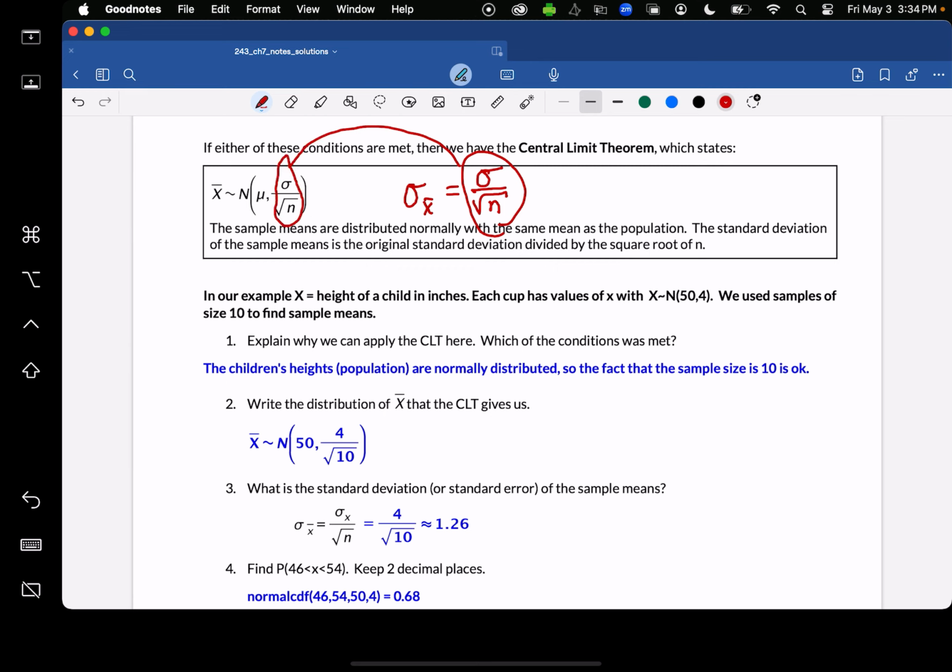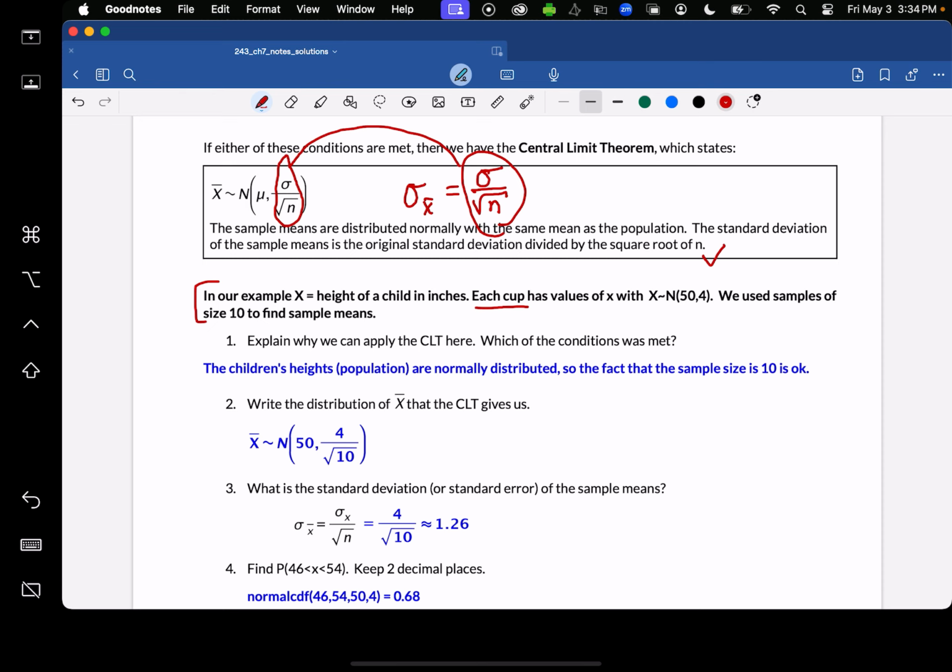So one of the examples in my slideshow showed us that x is equal to the height of a child in inches. And this is referencing an experiment that I do with my in-person students where we put a bunch of little numbers in cups. They're on little laminated cards, and each cup has a whole bunch of little numbers in it, and those numbers represent student or child heights, and the x values, the heights, are distributed normally with a mean of 50 and a standard deviation of 4.